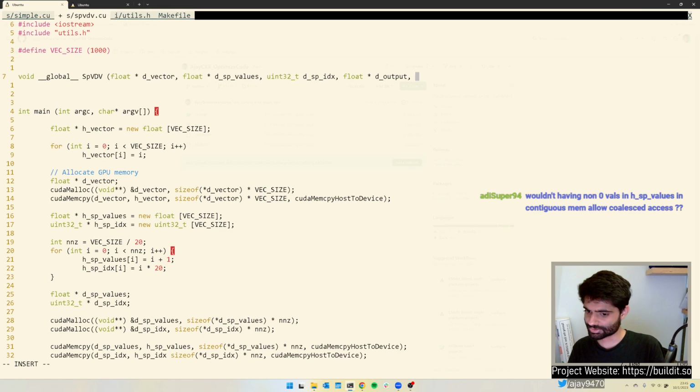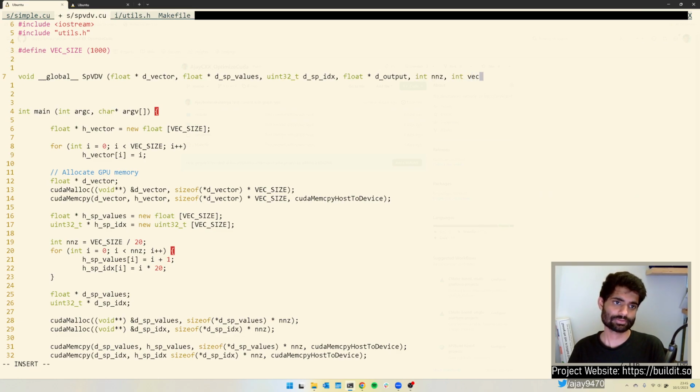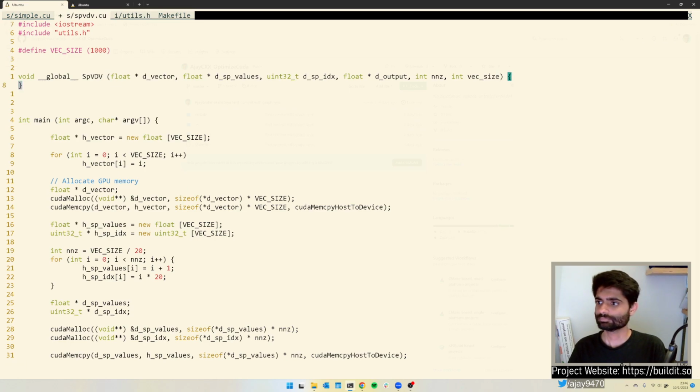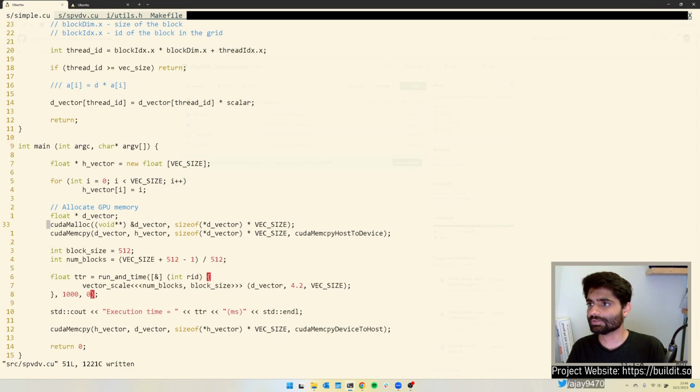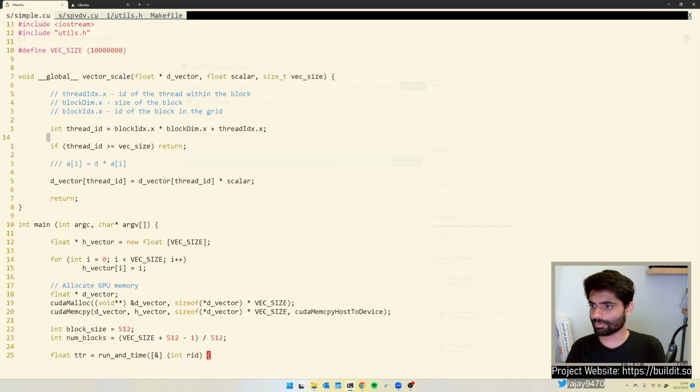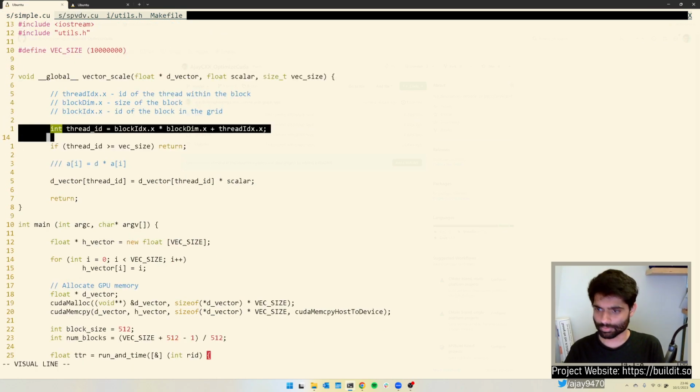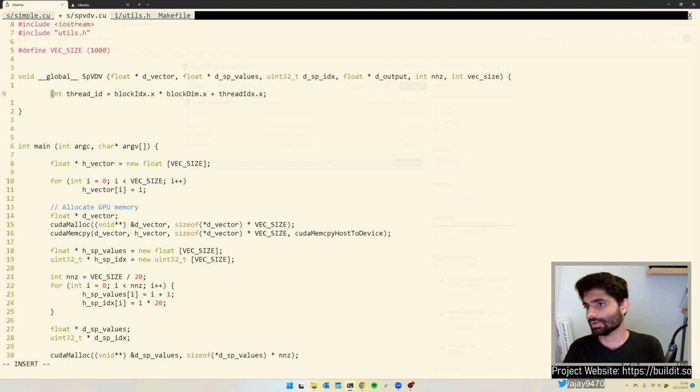And I'm going to accept nnz and also vec size. Okay, so the code about identifying which thread we are on remains exactly the same. So we need to know what thread we are on.